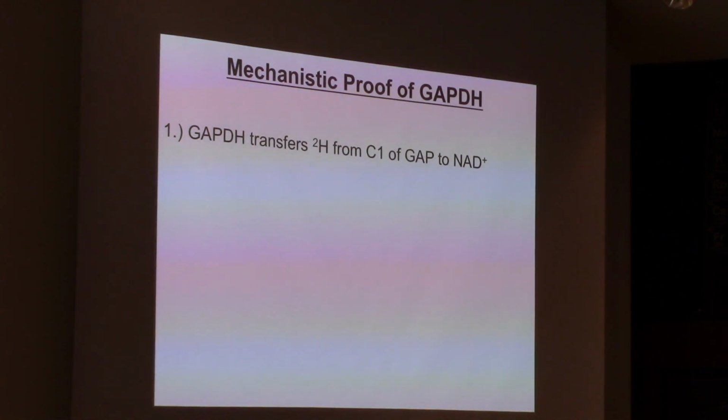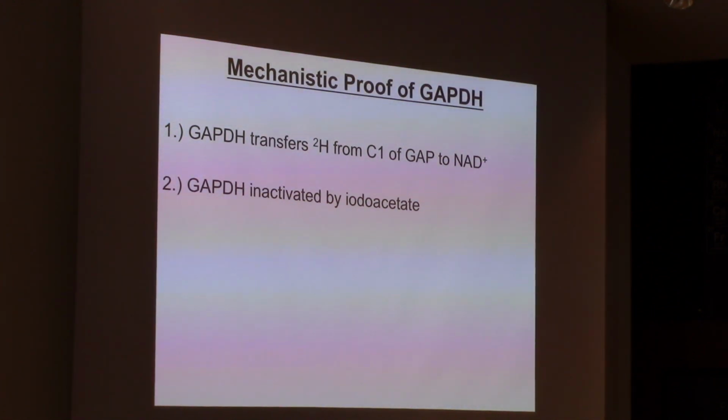The second piece of information, which I only very briefly mentioned when we started to introduce glycolysis, is that GAPDH is inactivated by the compound iodoacetate. So iodoacetate is an inhibitor of GAPDH.